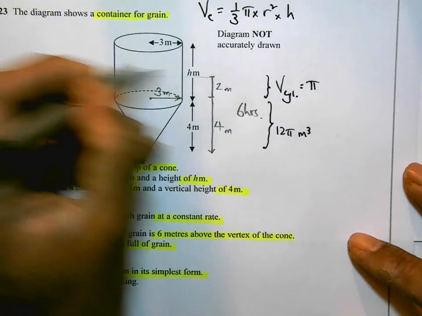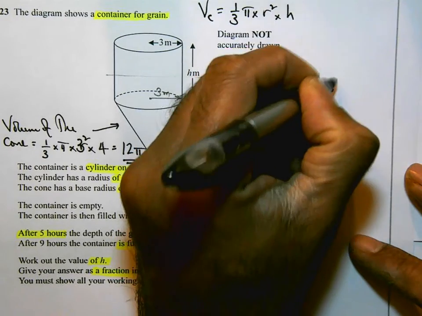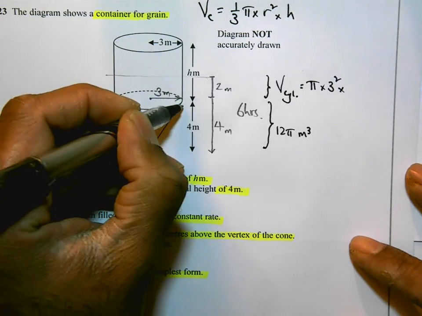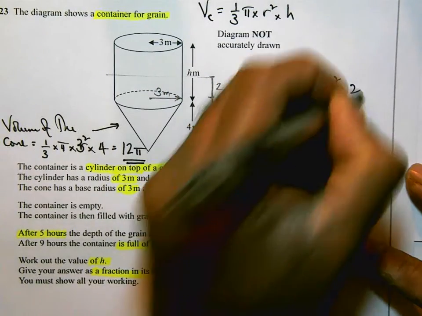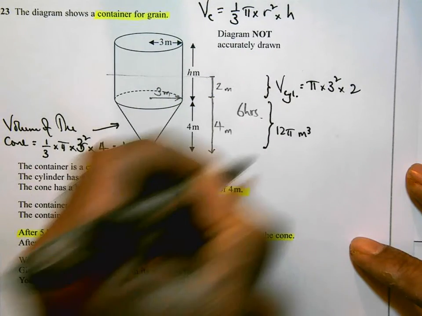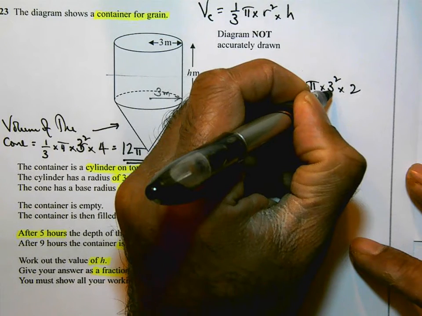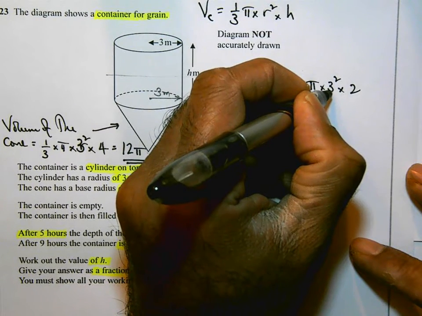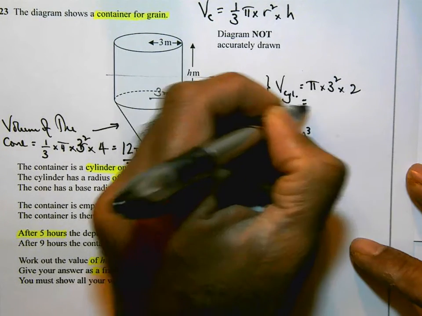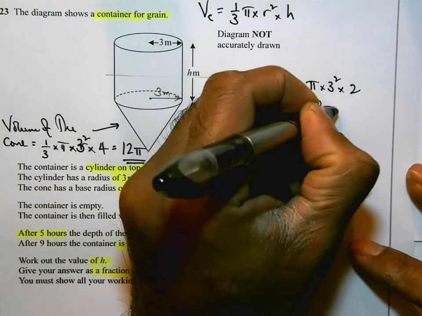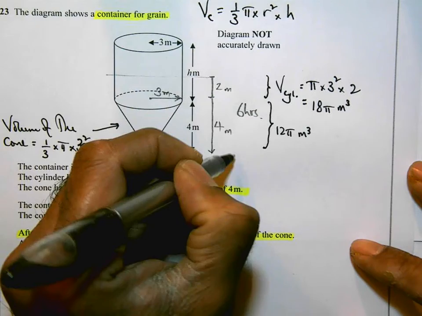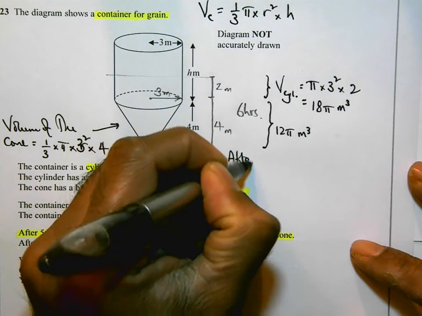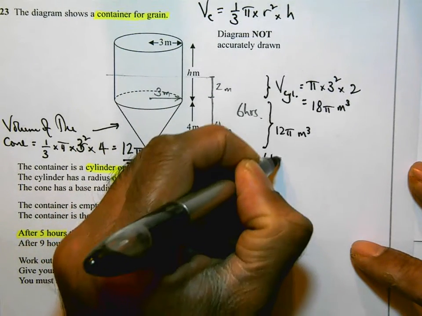So I'm going to work out the volume in the cylinder. It's going to be area of the base, pi r squared, times the height, and in the cylinder there's 2 meters of grain. So I'm going to times that by 2. So I'll get 3 times 3 is 9, times 2 is 18, 18 pi meters cubed.